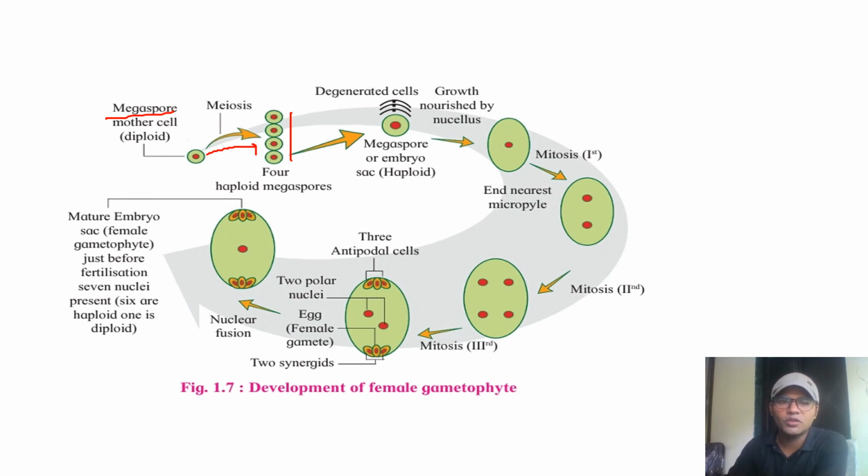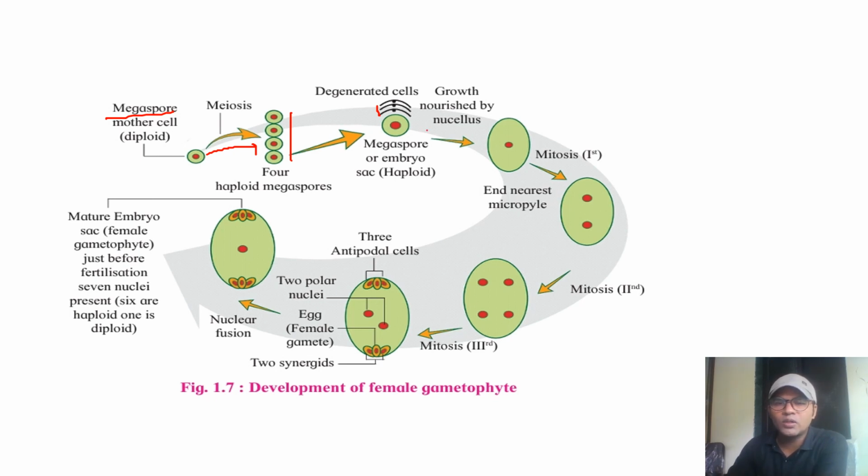Due to meiotic division, the chromosome number is reduced to half, and they are said to be the haploid megaspores. Out of 4 haploid megaspores, 1 will remain and take part in further procedure, and the 3 upper will degenerate. The remaining one is called the megaspore, and it will develop into the embryo sac later on.